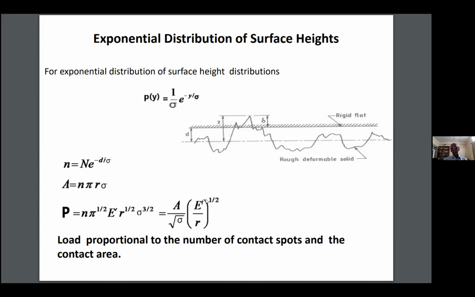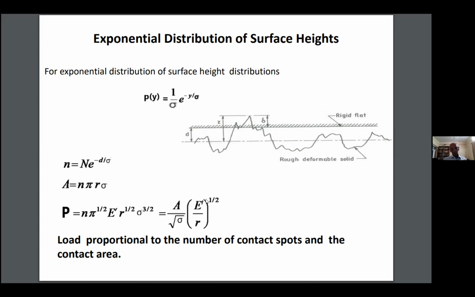Again, coming back to the example of duster and board, if you apply the wooden side on the table, if you apply a load, say a few grams, then only a few asperities will be deformed, and that deformation will be proportional to the load. Unless you apply a very heavy load, then the deformation is so much that all the asperities are deformed, and then this concept does not work. Then the apparent area and the real area is same.